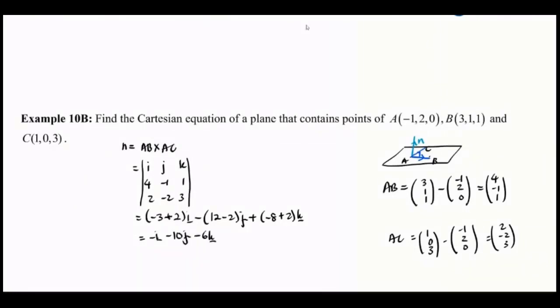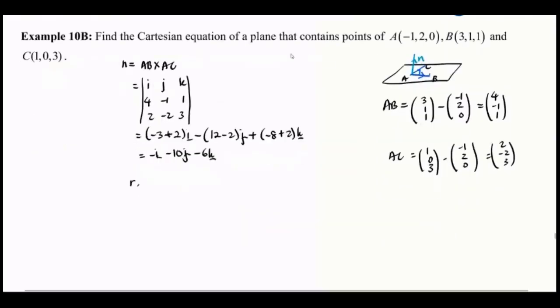So now we substitute into the vector equation first. We're going to have R dot negative I minus 10J minus 6K. The point, since we have 3 points, we take A as the fixed point.